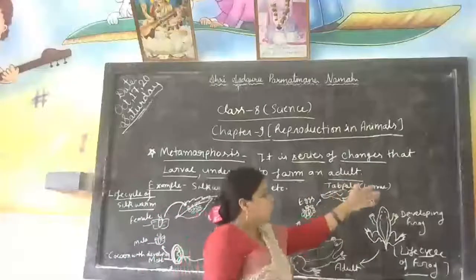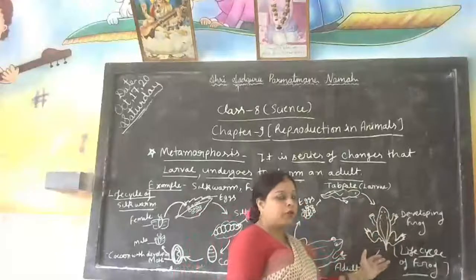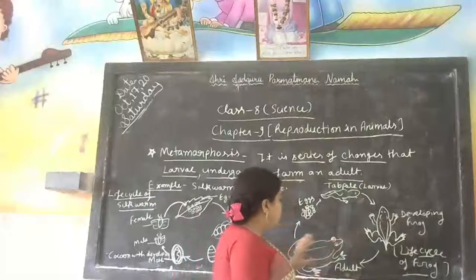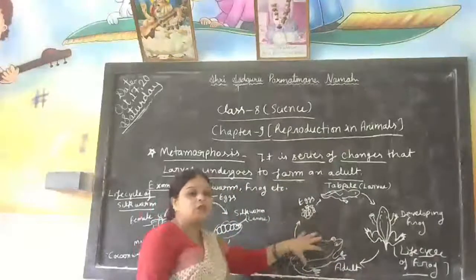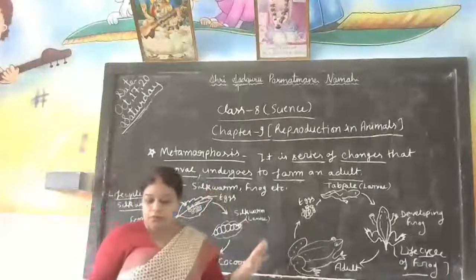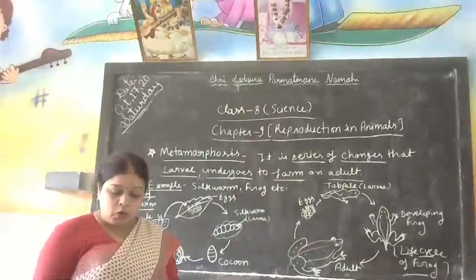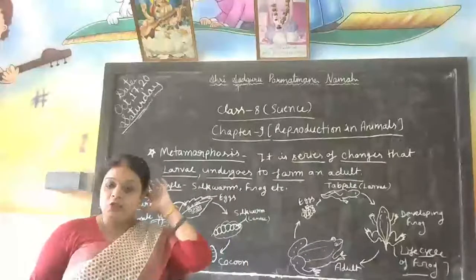Then the larva converts into frog, a developing frog, and this frog converts into an adult. So there are so many changes, and these changes are included in metamorphosis.